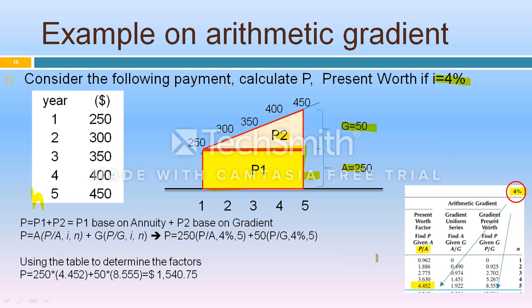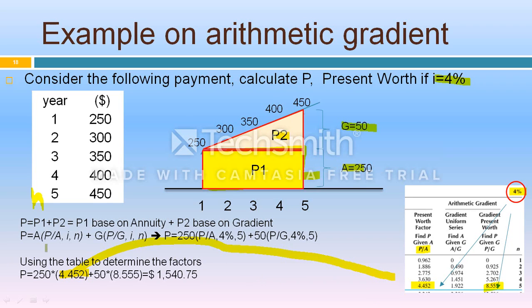The notation equals 8.5. Apply 250, which is A, times 4.45.